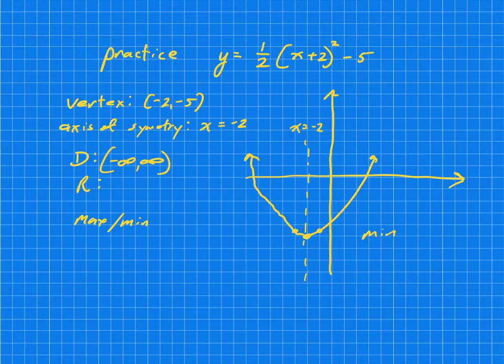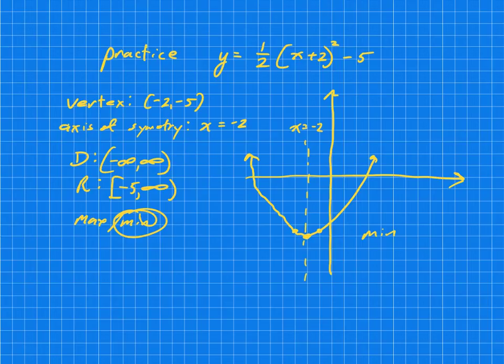And my range is going to start at -5, include -5, and go all the way up to +infinity. In this case, the vertex is on the bottom, and we call that a minimum. So that's the answer to that.